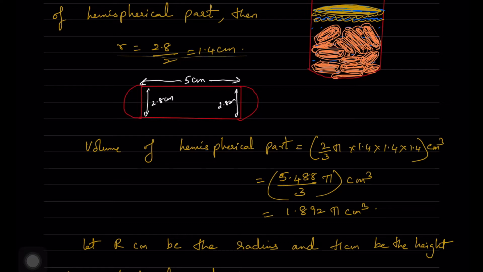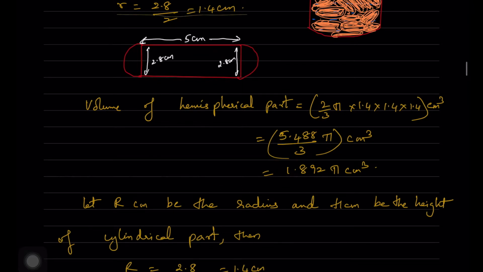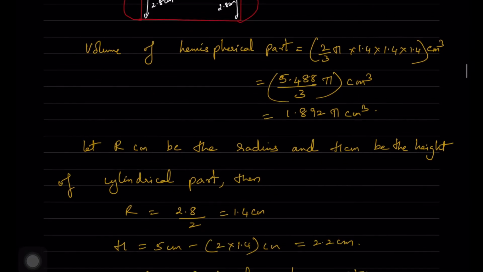Now let r centimeters be the radius and h centimeters be the height of the cylindrical part. Then r is equal to 2.8 by 2, which is equal to 1.4 centimeters. So h is equal to 5 centimeters minus 2 into 1.4 centimeters, which is equal to 2.2 centimeters.